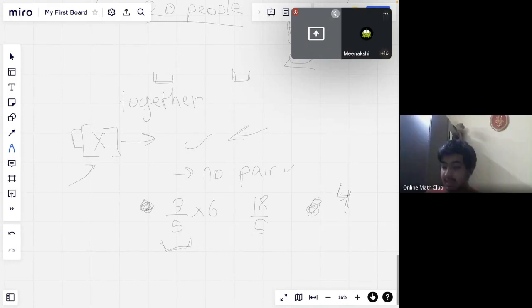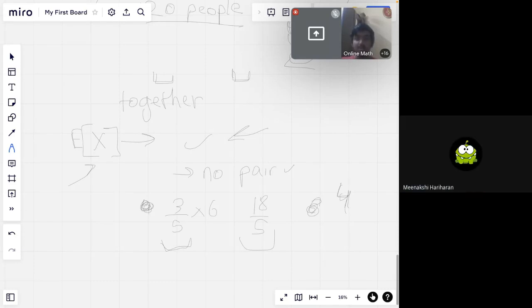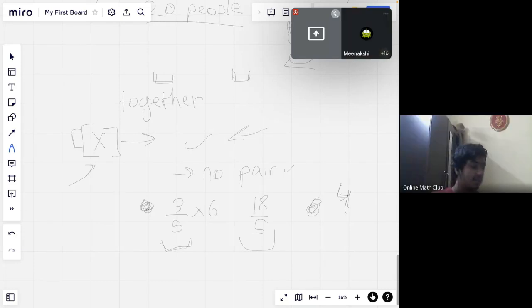And the answer will be 3.6. 3 by 5, this is 18 by 5, that's 3.6, right? And if the expected number of problems a student solves is 3.6, then some person has solved at least that many, because it's the average. Somebody has to have more than the average. So somebody has solved at least 4.